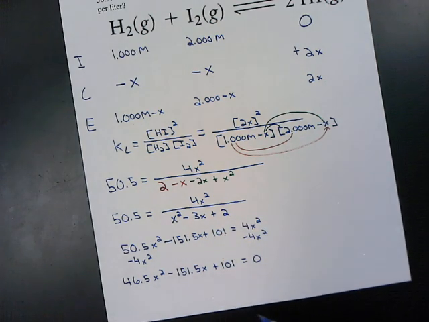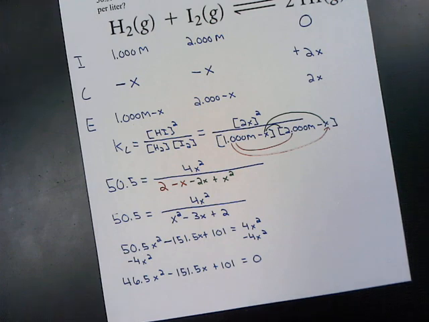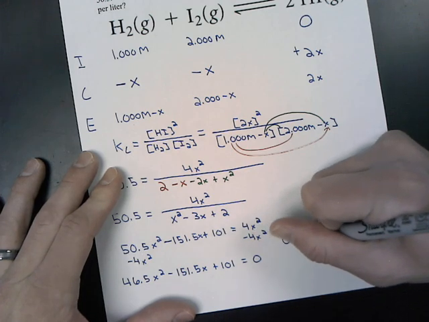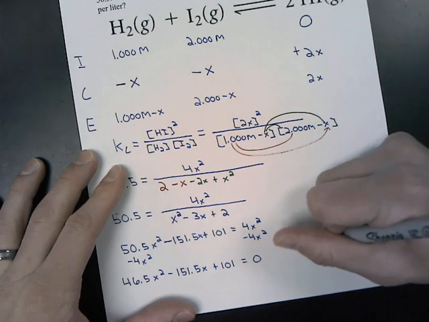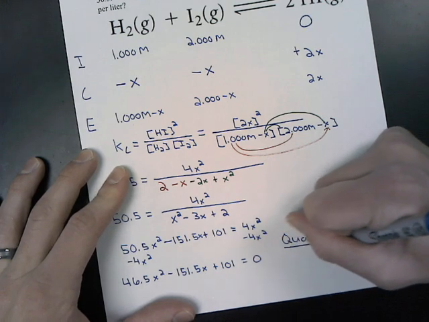Now, this may start to look familiar. Once I get everything to one side of the equation, I can use the quadratic formula to solve for x. This should start to bring back some good algebra memories.